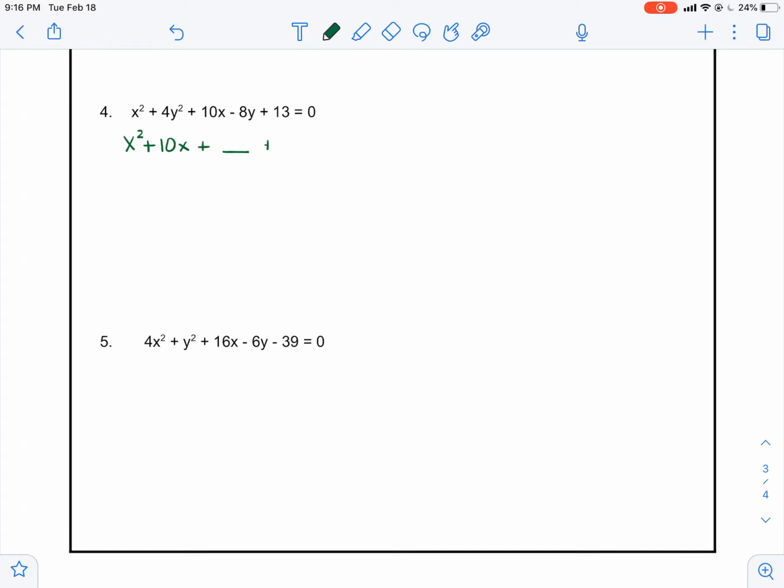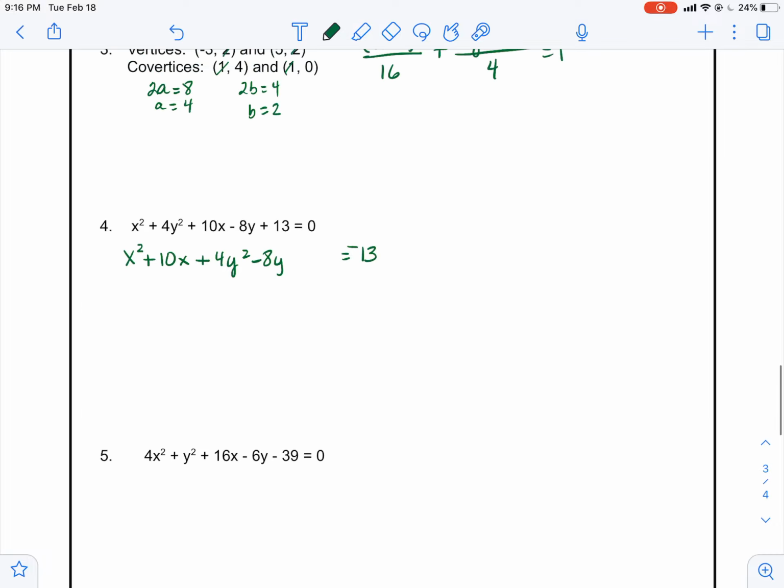And so my y's would be plus 4y squared minus 8y. And again, I'm going to go ahead and move that 13 over to the other side, make it a negative 13.